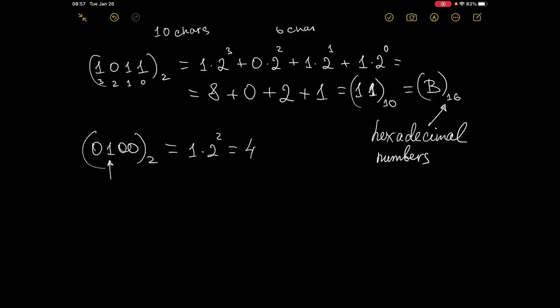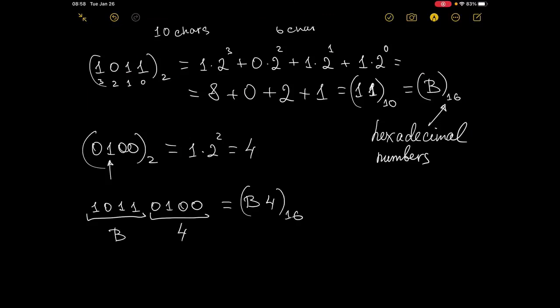So 1 byte I can represent in hexadecimal representation as B4. Clear? Is it clear or not?